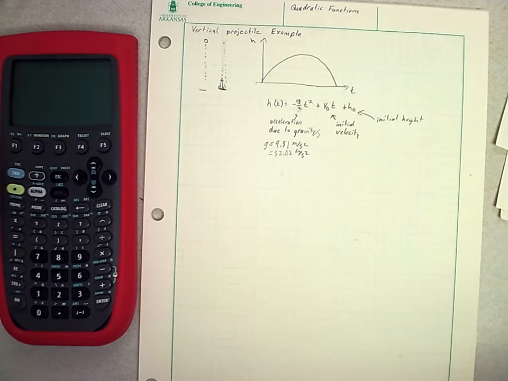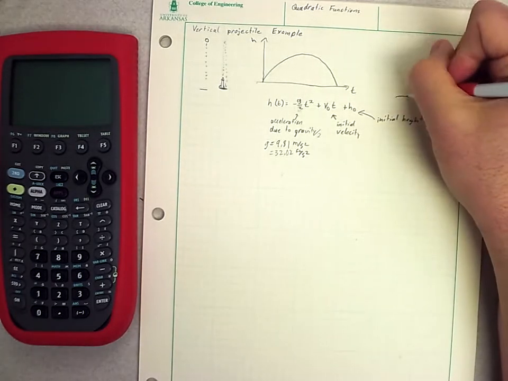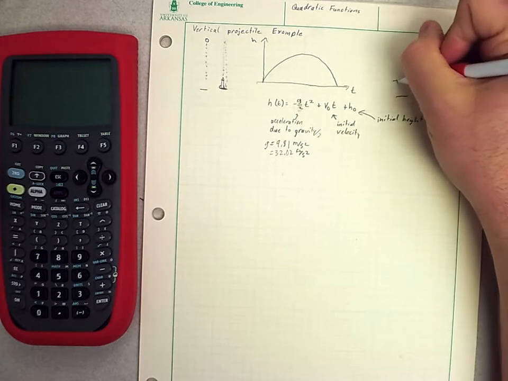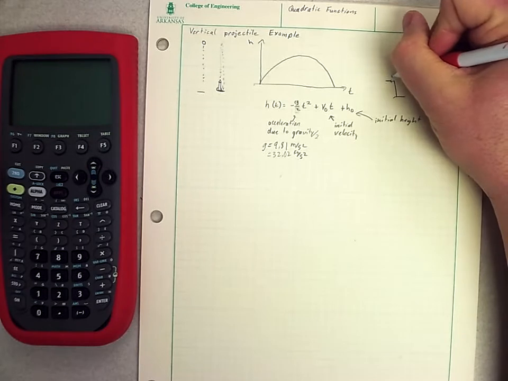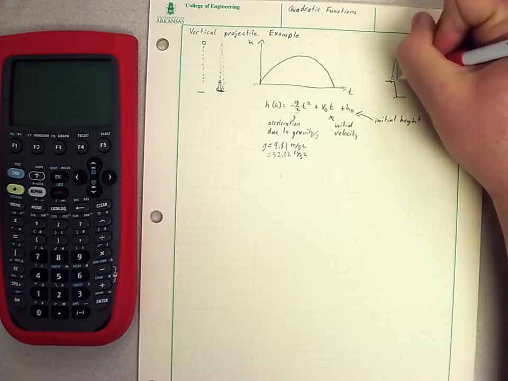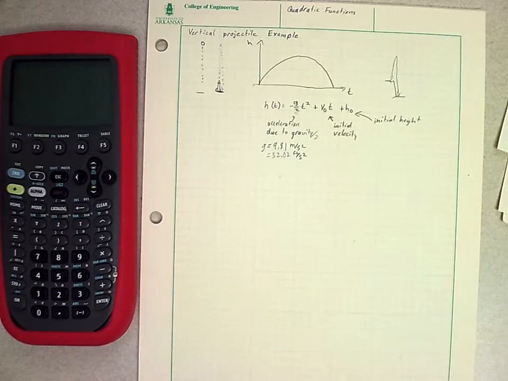And for some cases you might have both parts involved. You might have an object that we're starting from a building, we're throwing our ball upwards, and then it comes back down. Whatever the case is, you might have all 3 factors, or you might be able to remove some of them to simplify it. So let's see the specific example we're talking about for this problem.